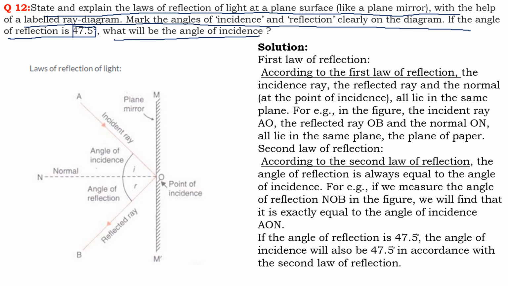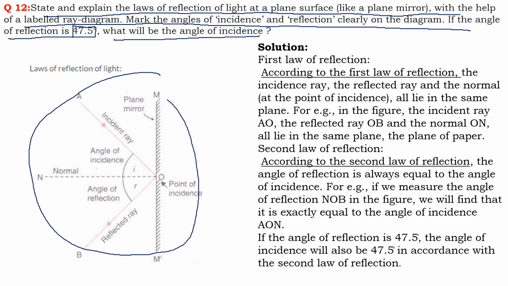Here you are going to plot these laws of reflection in the picture we have already studied. You know both the laws. First, the incident ray, reflected ray and normal to the surface lie on the same plane, and the angle of reflection is always equal to the angle of incidence.